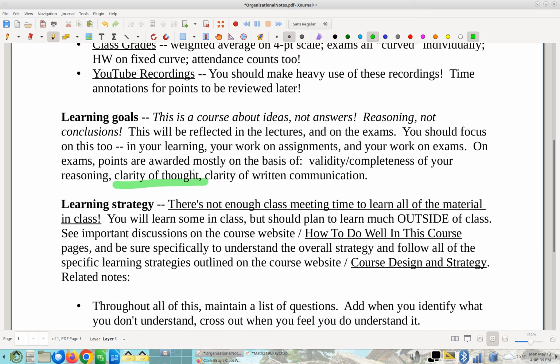A student who meanders around and does a bunch of unnecessary calculations irrelevant to the question, and then eventually gets to the right numerical answer, well, answers aren't the point. We're not interested in answers. If your work is meandering and full of unnecessary stuff, that shows you don't have as important an understanding of the ideas. That's what grading is going to be based on.